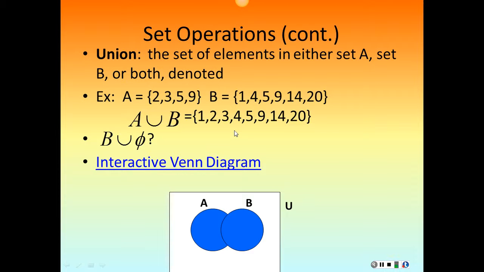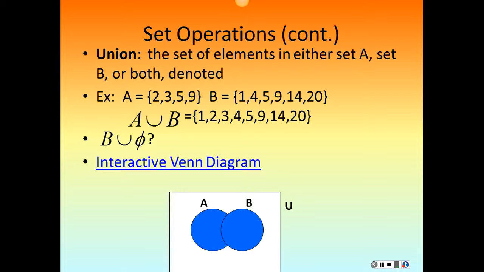So for example, if we ignore a Venn diagram for a minute, and I say set A is defined as 2, 3, 5, and 9, set B is defined as 1, 4, 5, 9, 14, 20. Then A union B, as you can see, is represented with what looks like a U, a symbol for union. Union is a fancy way of saying that everything in both sets is included. So I'm just writing down everything that's in both sets.